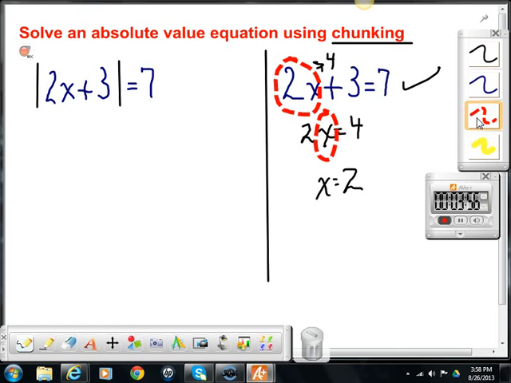Let's go back and find our chunk. We're finding the absolute value of this entire quantity. So that's our chunk. What can our chunk equal to make this sentence true? It can equal 7.